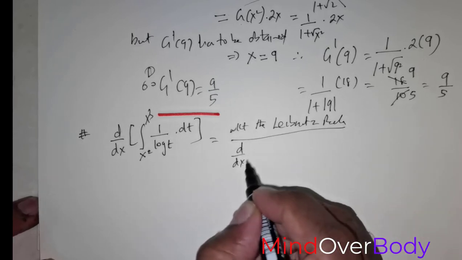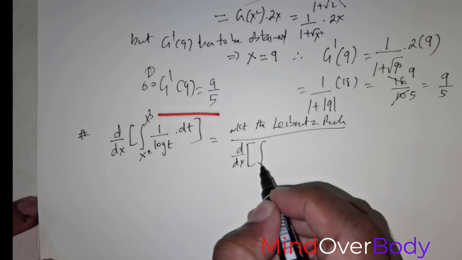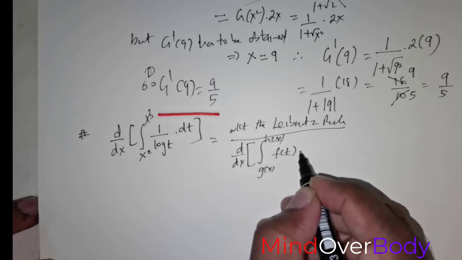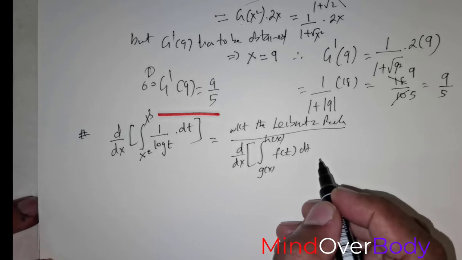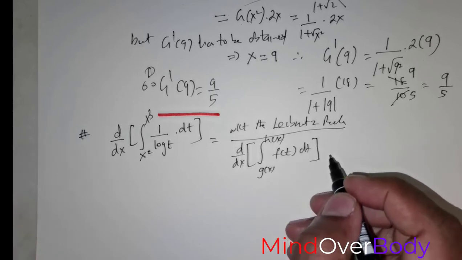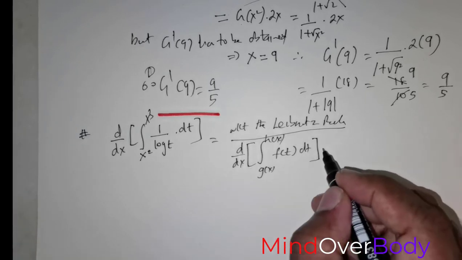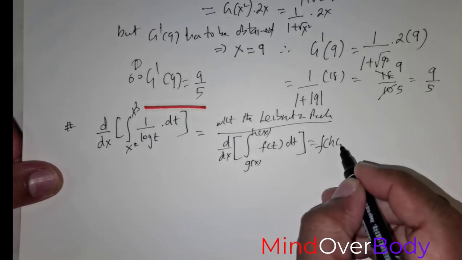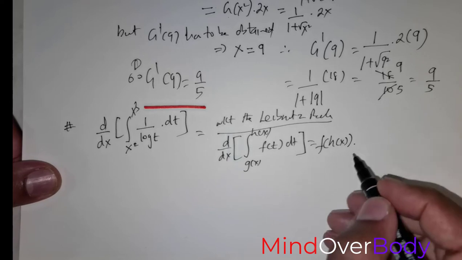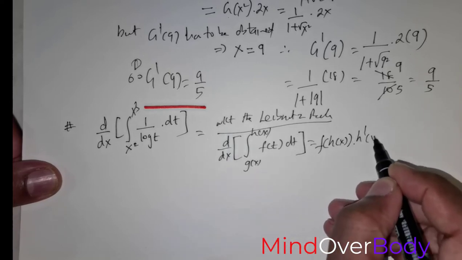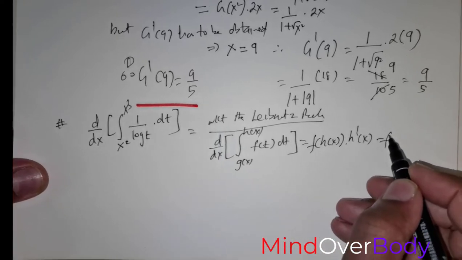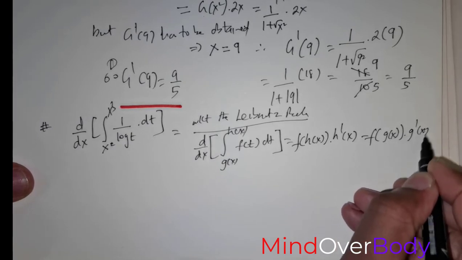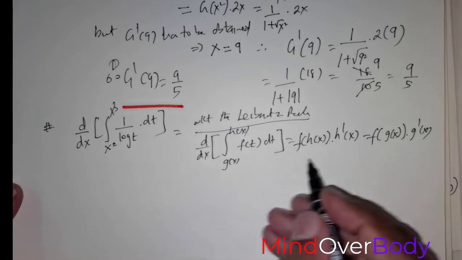D over dx of integral g of x to h of x f of t times dt is equal to f of h of x times h dash of x negative f of g of x times g dash of x. Now I can directly apply the Leibniz rule here.